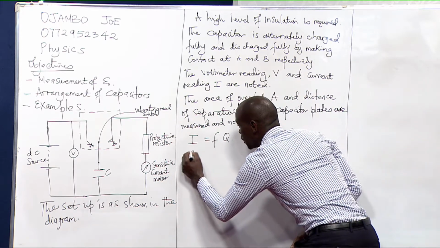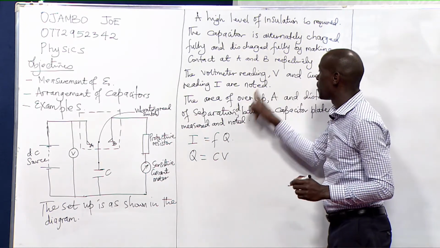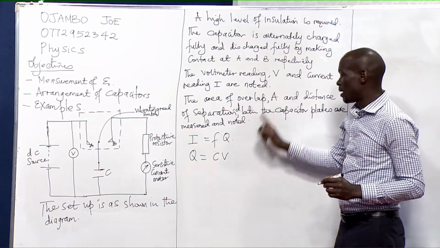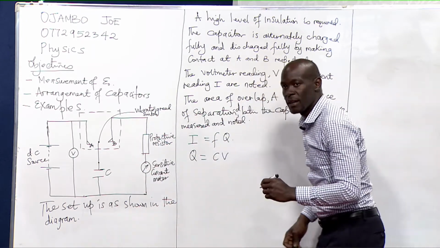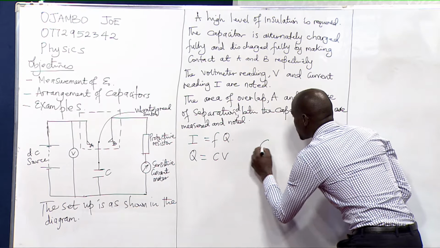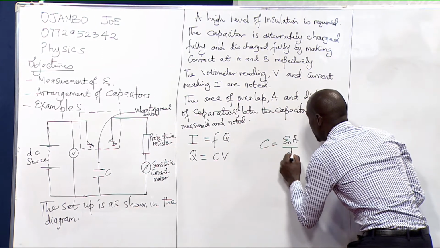Now, we know that Q is equal to CV. The PD, remember, we noted. Since we are talking about a parallel plate capacitor, our C will be equal to epsilon naught A over D.